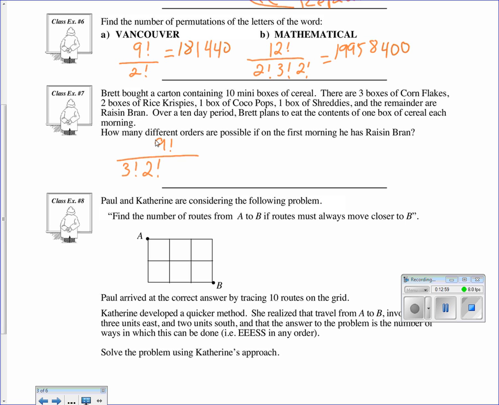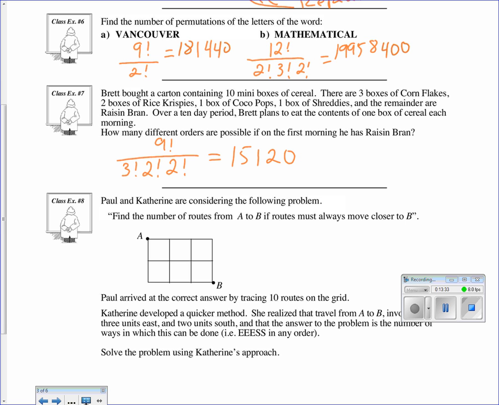So that's 3 factorial, 2 factorial, 1 box of Cocoa Puffs, that's just a single, 1 box of Shreddies, that's not repeated. Well, how many Raisin Bran did he have? There's 3, 5, 6, 7. He had 3 boxes of Raisin Bran, and he already ate one, so he has 2 left. So this is Brett dealing with 9 factorial divide by 3 factorial, 2 factorial, 2 factorial, which takes you to 15120. Check out that calculation.